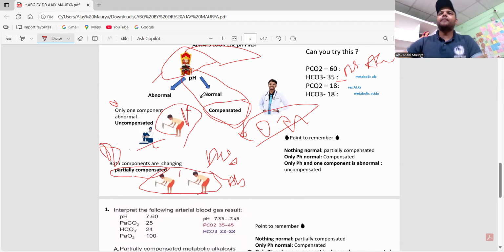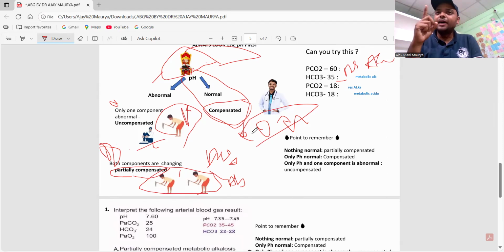The first child of the family is like a wall. He will keep everyone happy, but backside there are many injuries. He's like a dad, he will make us happy. So the pH will be normal, and these two are changing. Because of the changing, the pH will be normal.